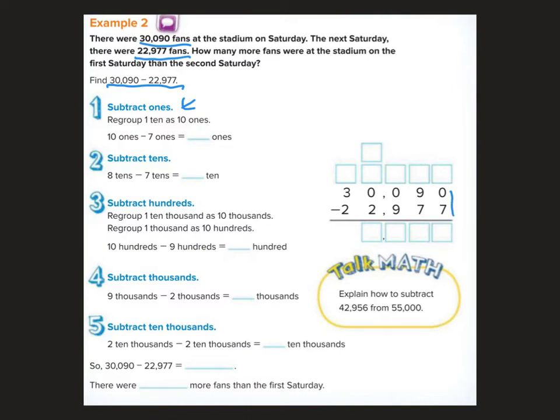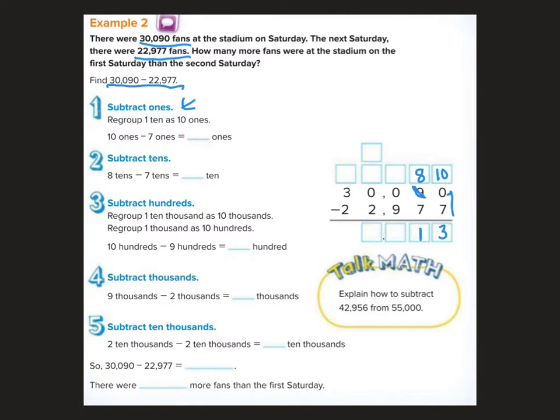I can't do it, so I need to go next door and get 10 more. Regroup my 9 tens. We're borrowing 1. I had 0 ones, so now I have 10. I took 1 ten away and ungrouped it into 10 ones. 10 minus 7 is 3. 8 minus 7 is 1. 0 minus 9. Oh no, I can't do it.